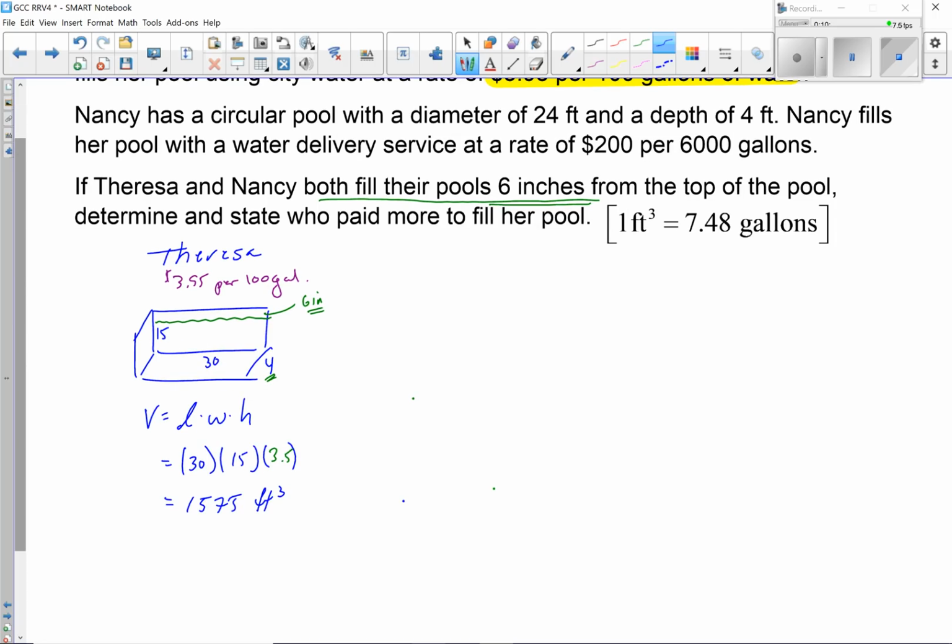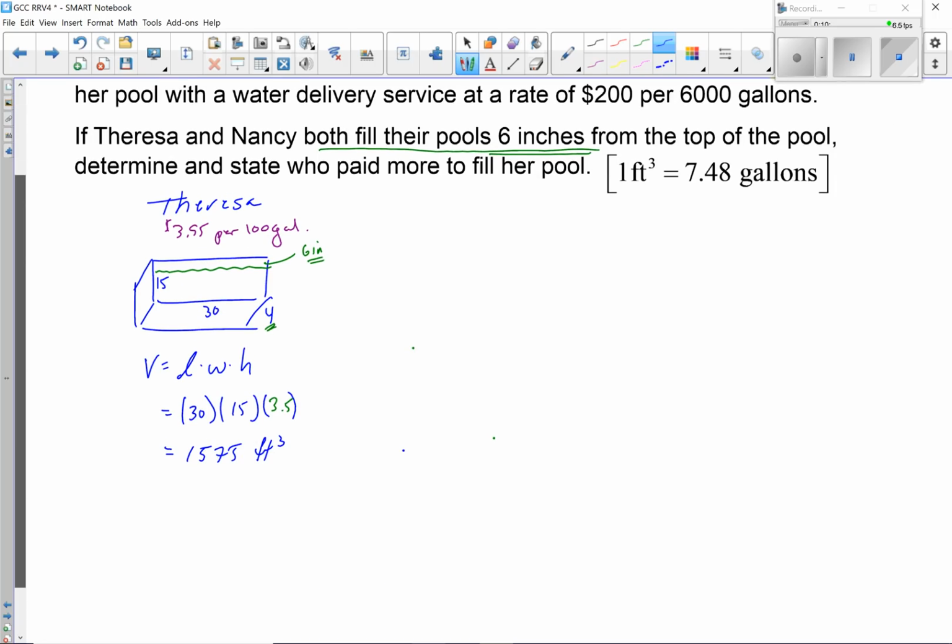Now, that's the volume, right? But we need to figure out how much it's going to cost her. So I need to convert the cubic feet to gallons, because the rate they gave me was the price per 100 gallons. They gave me the information that 1 cubic foot is the same thing as 7.48 gallons.